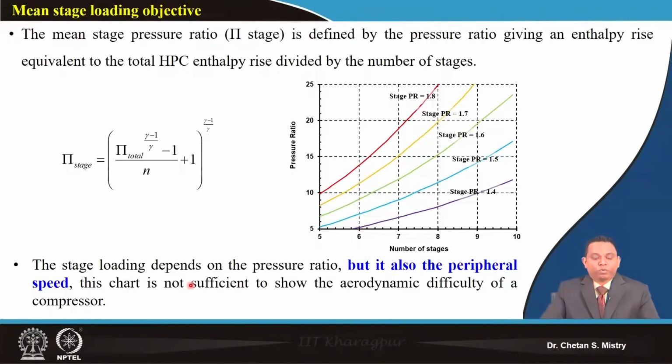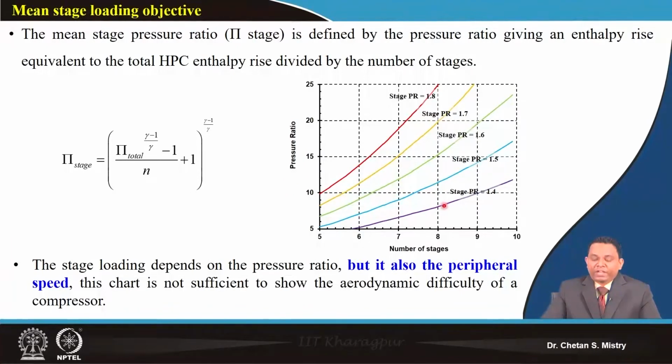Here this correlates my total pressure ratio and stage pressure ratio based on our fundamental equation of the efficiency. This represents my stage pressure ratio, which varies from 1.4 to 1.8, and this is my overall pressure ratio we are looking for.